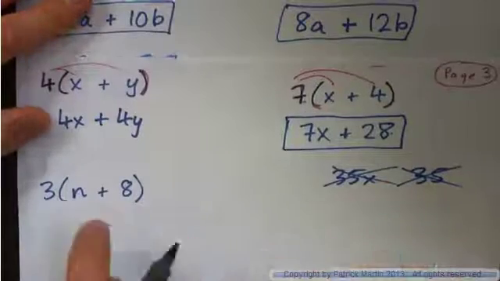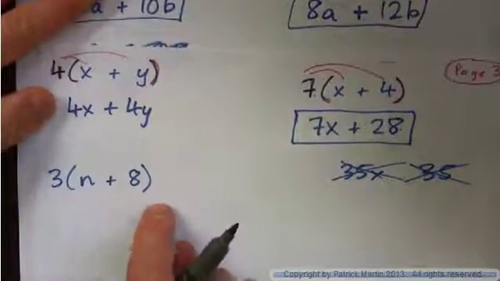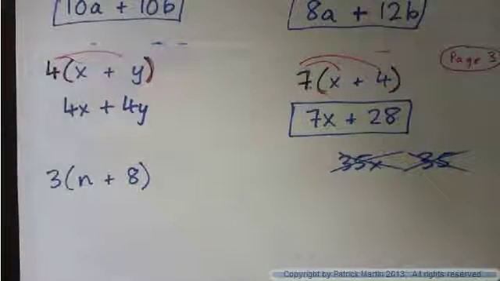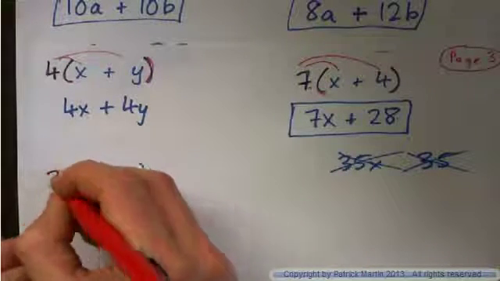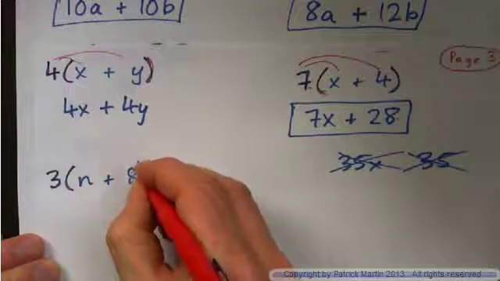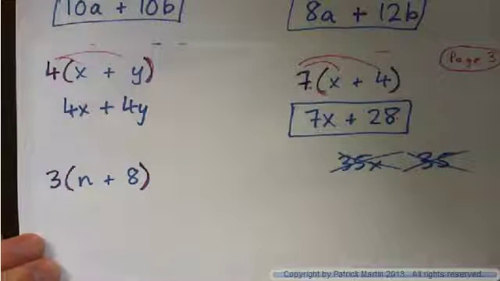So how about 3 times n plus 8? Write down the answer to this. Three times n plus 8. You've got the number 3 on the outside, touching a parenthesis. So 3 bags.